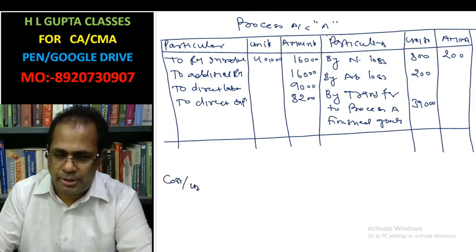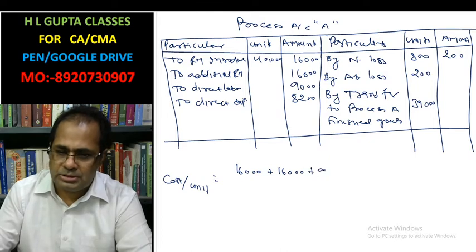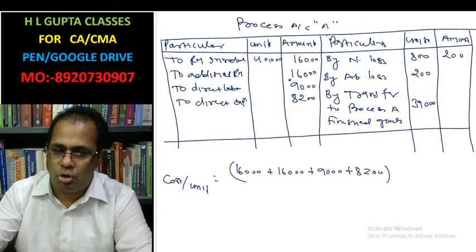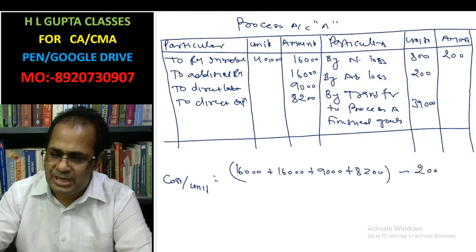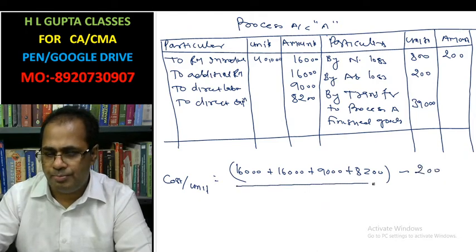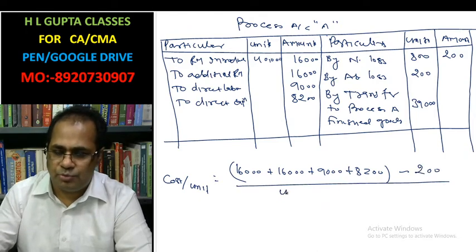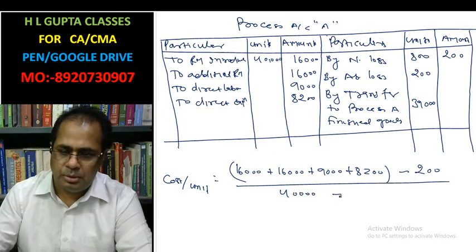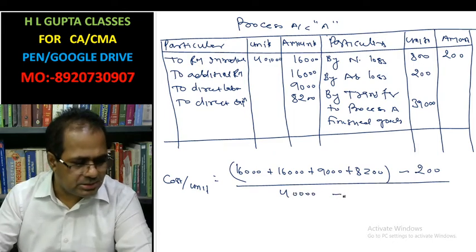The cost per unit is 16,000 plus 16,000 plus 9,000 plus 8,200, all cost, minus realization from scrap, that is 200, divided by 40,000 minus 800.